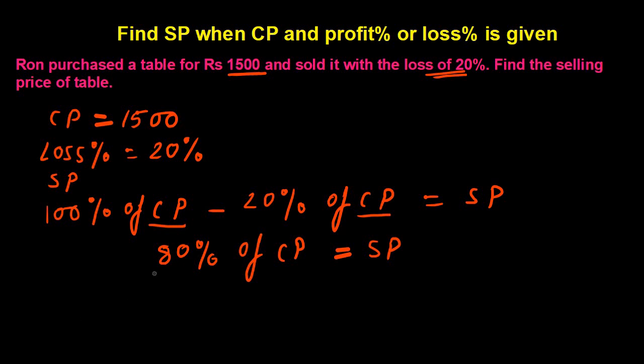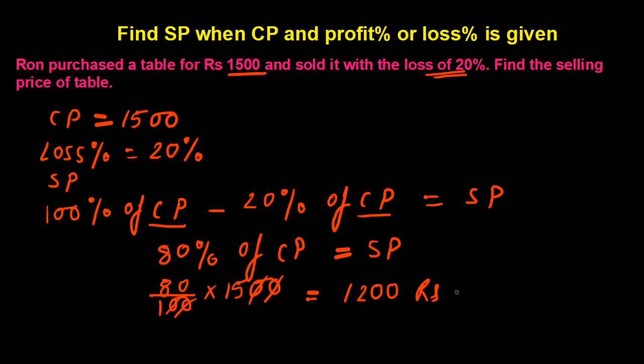So let's find out how we write 80%. 80 upon 100 of multiplication, and CP is how much? 1500. Cross out two zeros. What do we have? 80 times 15. That gives you the answer: 15 times 8 is 120, and then 10 on it. So rupees 1200 is now the selling price of the table.